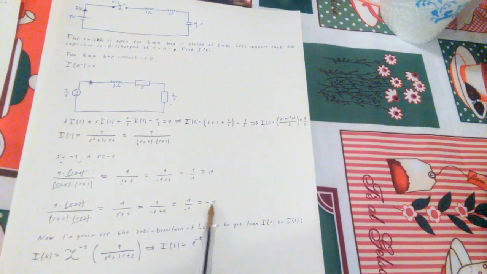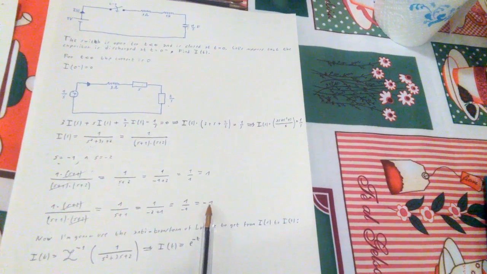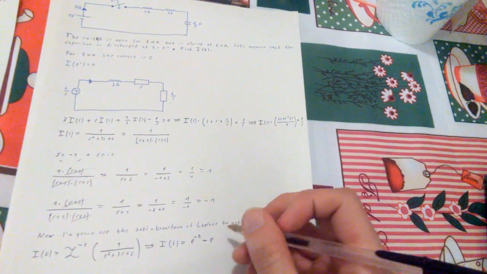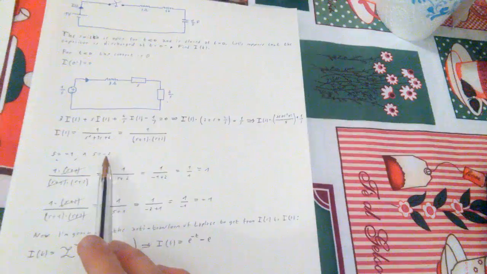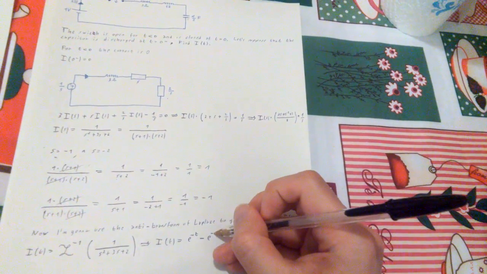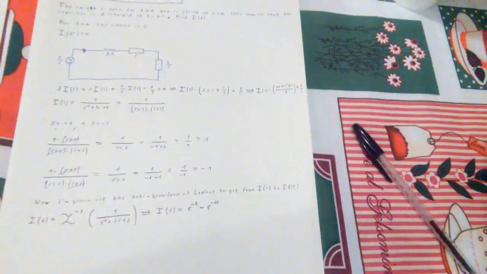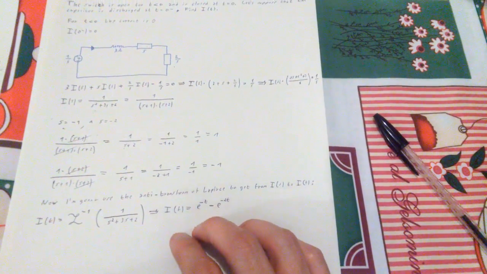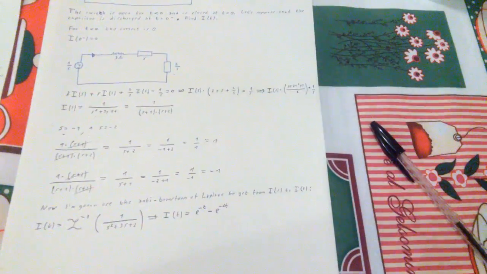We have a minus because it's the second one, -1, so we get the minus, e raised to the power of -2 times t, so -2t. And that's it. This is the I of t that the problem asks us to find.